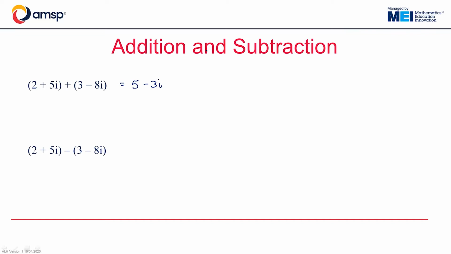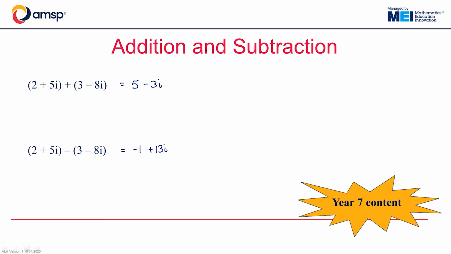Subtraction is just the same, but of course you need to take more care. 2 take away 3 is minus 1, and 5i take away minus 8i is 13i. So here's a part of Further Maths which is just Year 7 work on collecting terms.